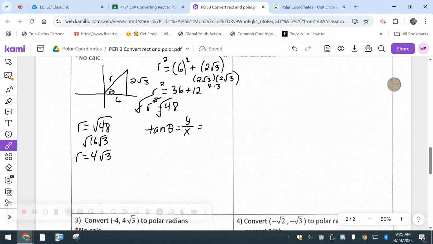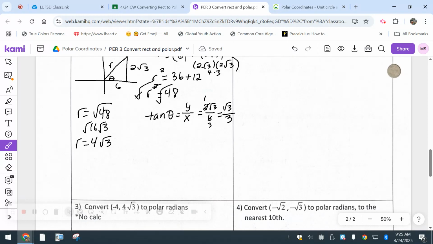So 2 radical 3 over 6, which is going to give you square root of 3 over 3. Okay, so you want to look at your chart and see what's your reference angle for square root of 3 over 3. Pi over 6.